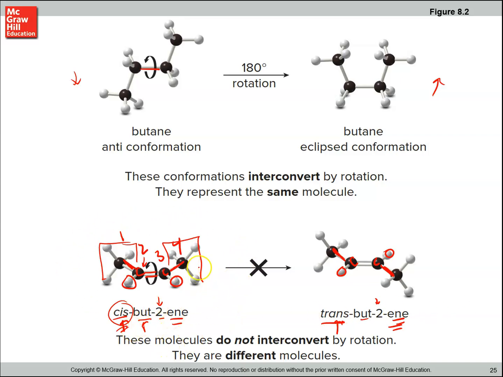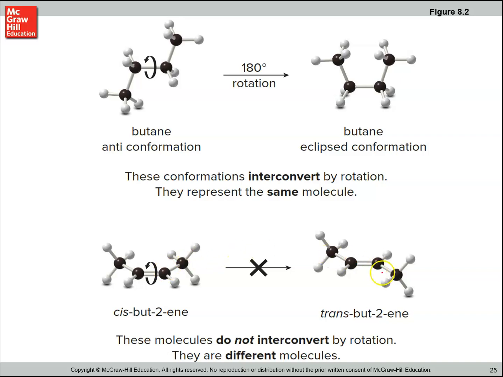The big thing about this is that we cannot interconvert these. So the cis-butene does not easily convert to the trans-butene. It can happen if there's enough energy in a system where we can temporarily break the double bond and reform. That's a lot of times where we would generate trans fats, which you may have heard are not really great for your body.